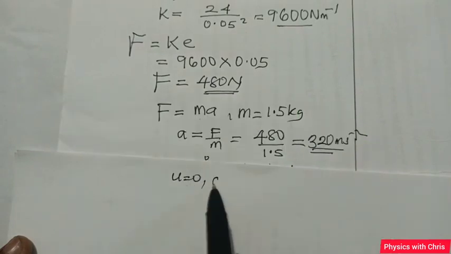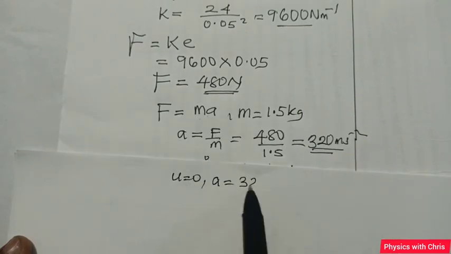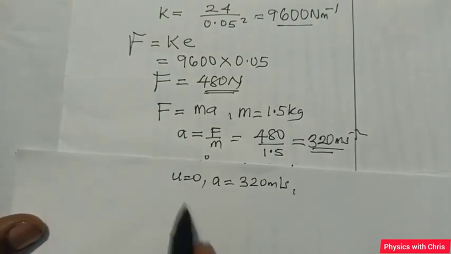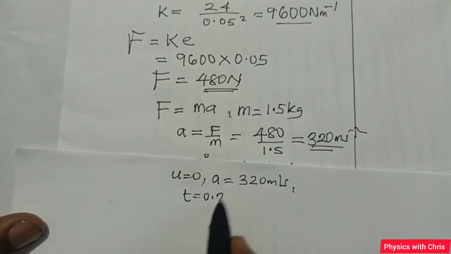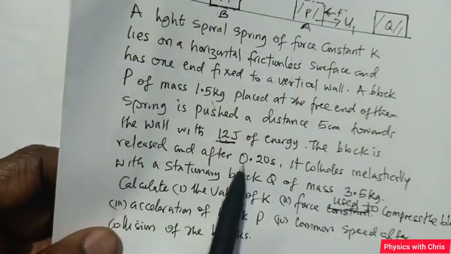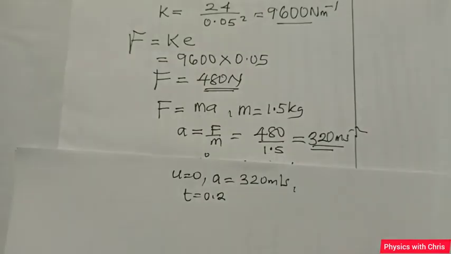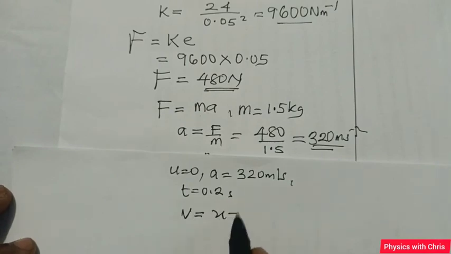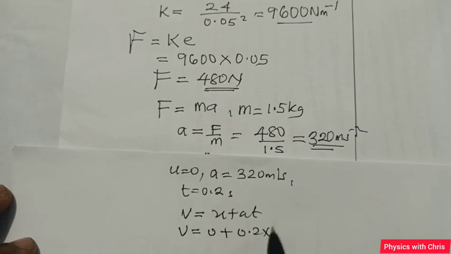Its acceleration is given. We already calculated that as 320 meters per second squared. Now, for one of the equations of motion, since it takes 0.2 seconds before it collides with block Q, as shown there, that's the time. I have my v from equation 1, v equals u plus at, that gives me v, which is what I'm looking for, equals 0 plus 0.2 times 320.